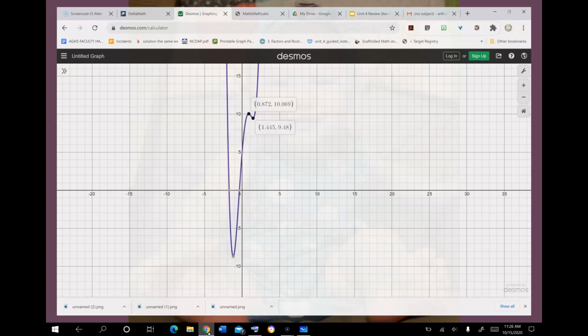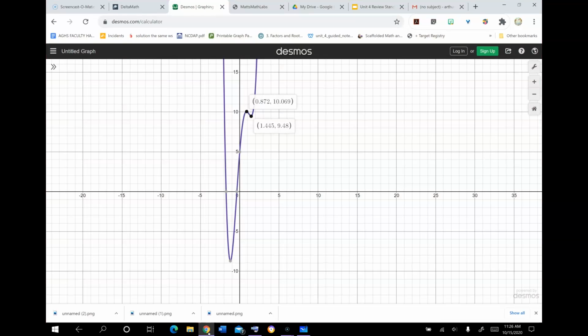So we go back to the graph, and I'm positive above the x-axis. So again, I'm positive from negative infinity all the way to there. So I'm positive from negative infinity to negative 1.737. But then I go negative right here in this little hoop. But then when I hit that number, I'm positive again.